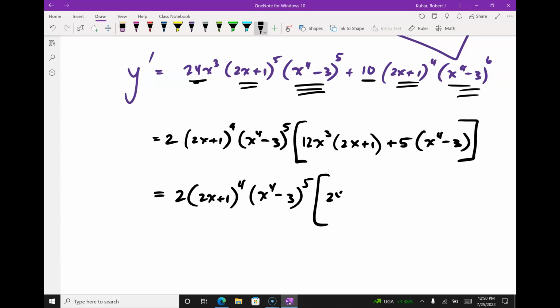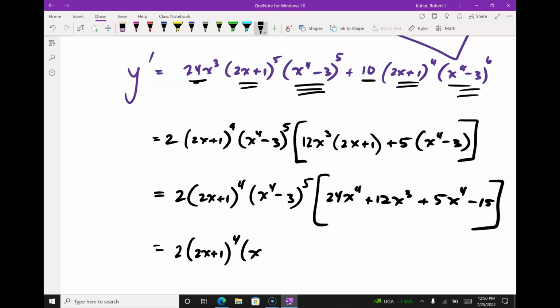And it looks like I get 24x to the 4th plus 12x cubed plus 5x to the 4th minus 15. So 29x to the 4th plus 12x cubed minus 15. Yuck.